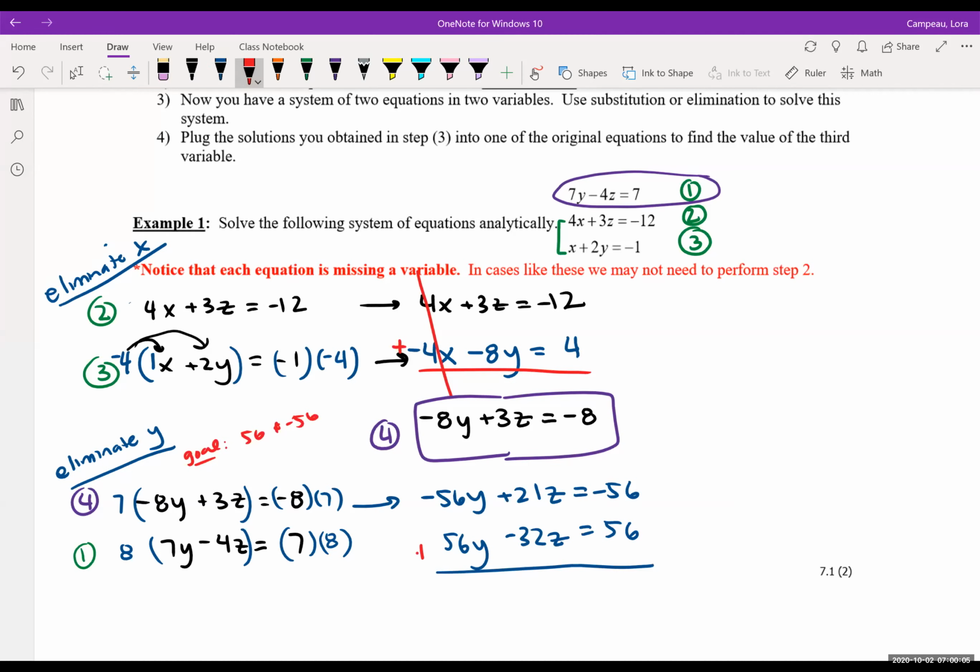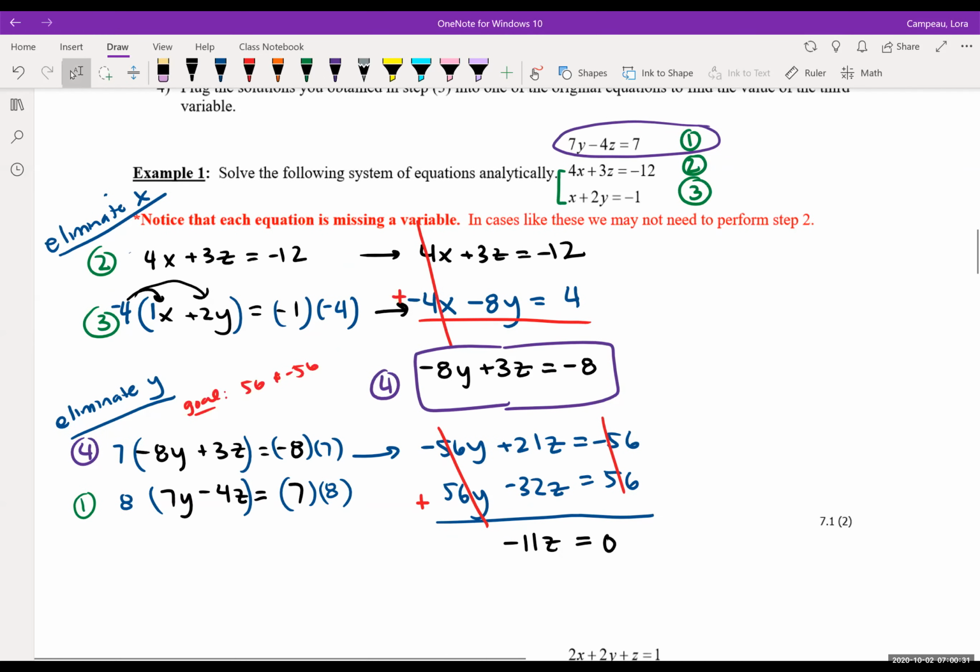So if we add vertically, we will notice that the y terms neutralize. Now we're left with 21 plus negative 32. That's going to give us negative 11z. And also, this doesn't always happen, but the 56 did neutralize as well. We do have ourselves a 0.